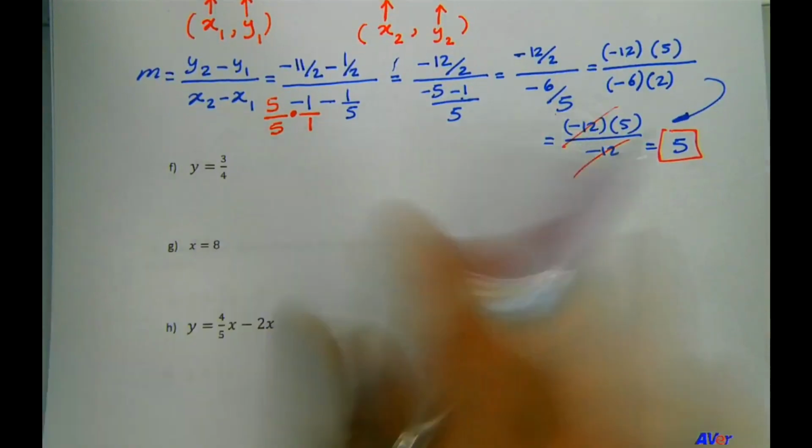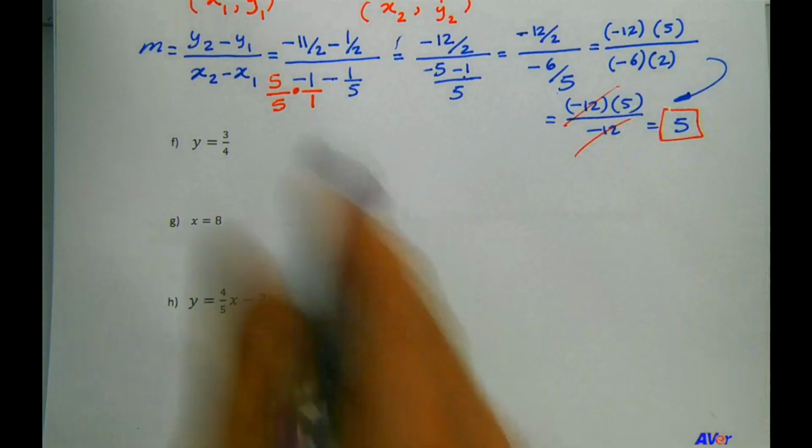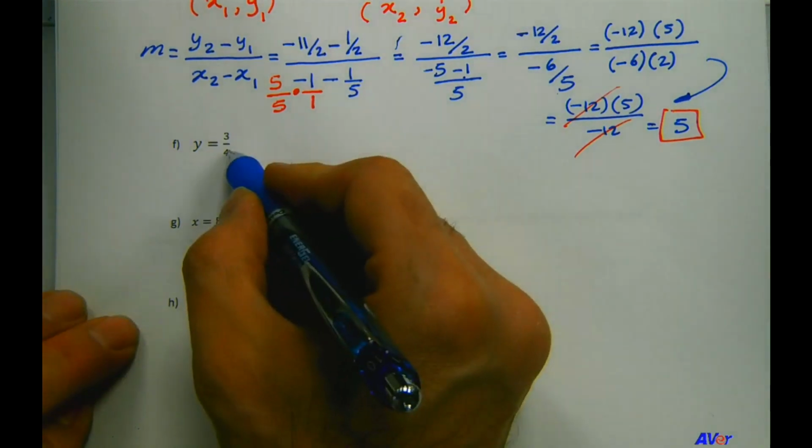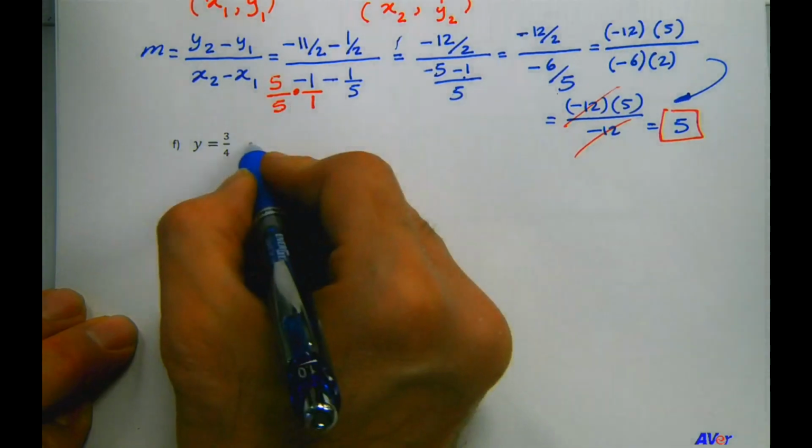In the next example, and I'm banking on you having solved these, okay? I'm trusting you that you've already solved these, and now you're waiting for my solution. So y equals 3/4 is a horizontal line.